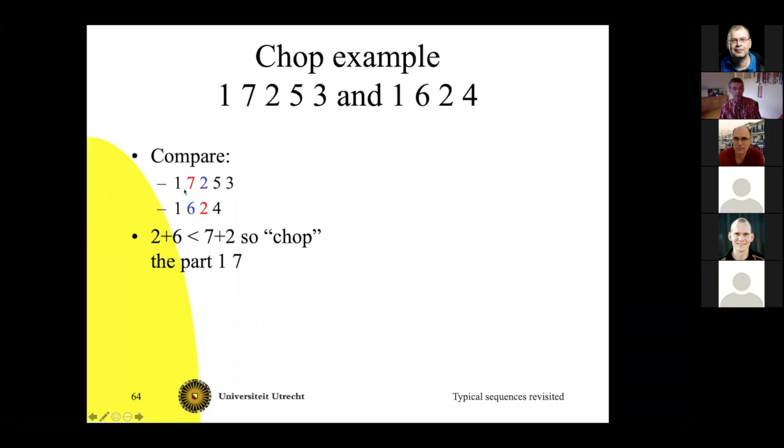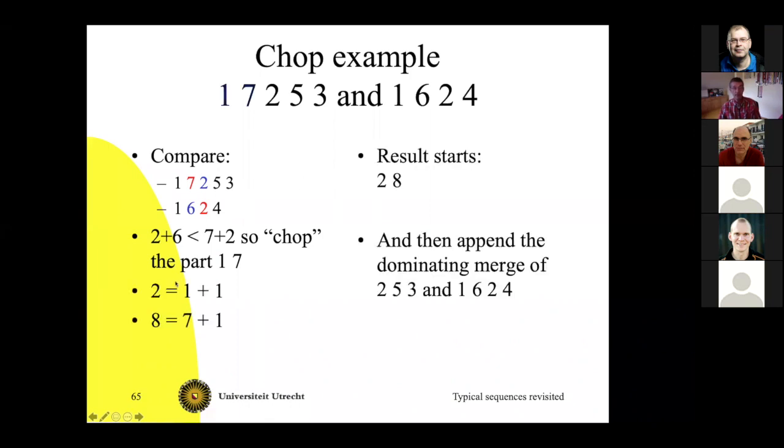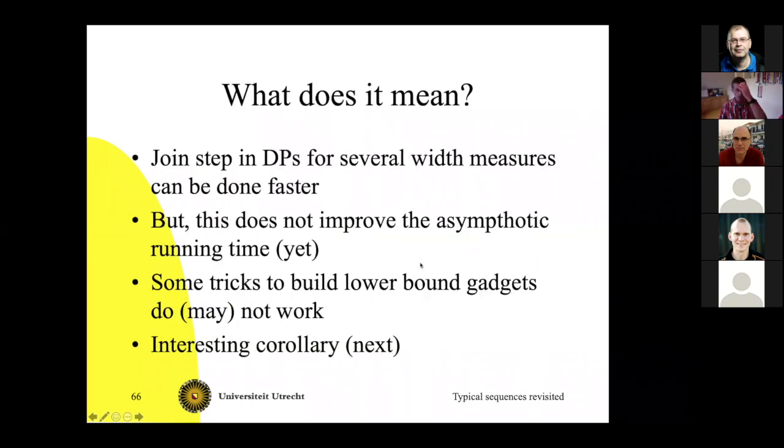So we basically put the 7, instead of with a 2, together with a 1. Which means that I start with adding 1 to 1 and then adding 1 to 7, chopping that, and then we have the start of our sequence here, and then we basically throw away that part, and then we append the dominating merge of what is left after that. So, in this way you continue.